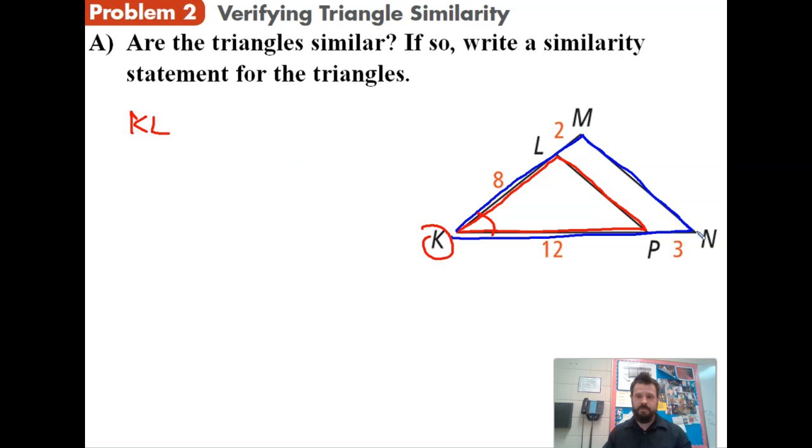So we have KL, over the longer side, KM. That's going to be equal to KL, which is 8, over the longer side, KM, which will be 8 plus 2, in other words, 10. Well, what does 8 over 10 reduce down to? Both those numbers divide by 2, so we can reduce that down to 4/5.